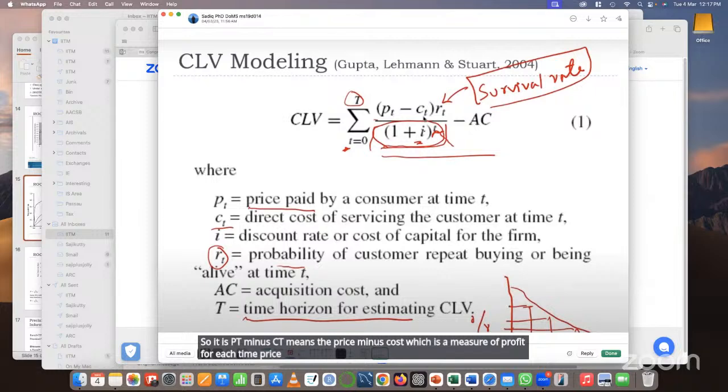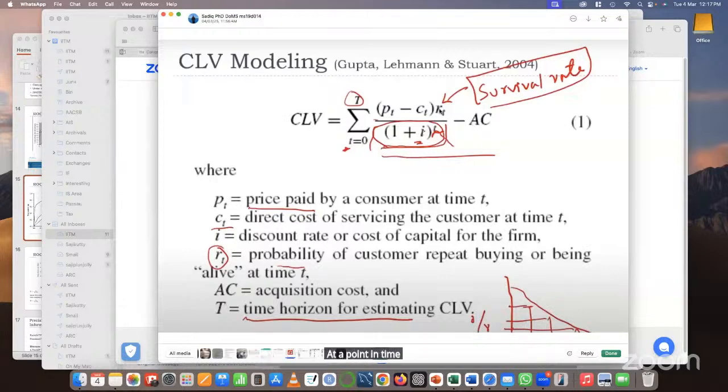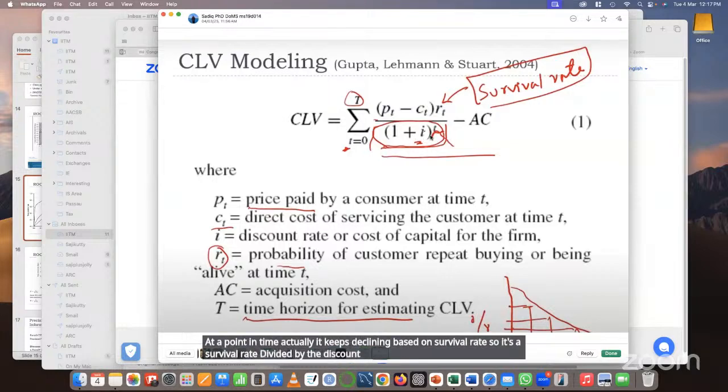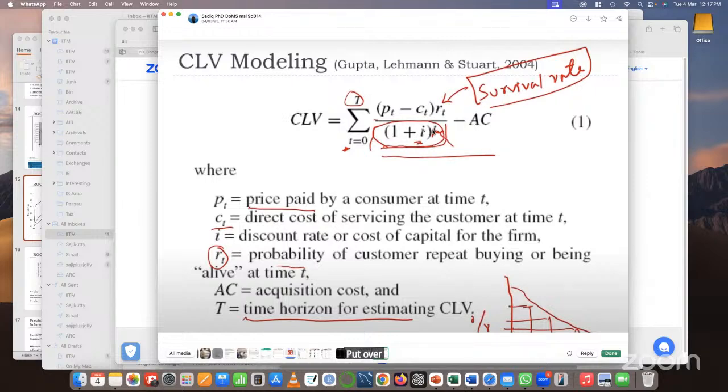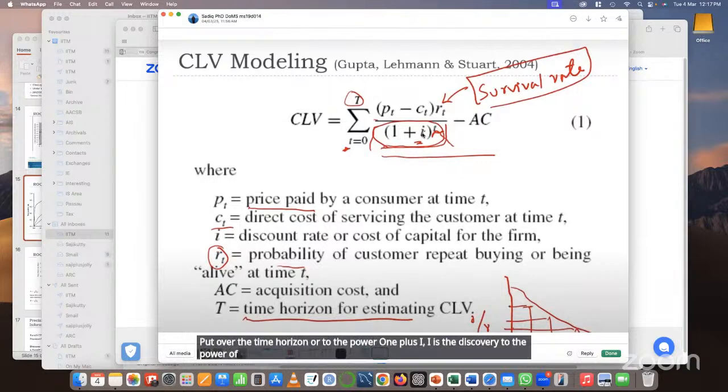multiplied by the survival rate, because the number of customers who joined either in a cohort or at a point in time keeps declining based on survival rate. So into survival rate, divided by the discount rate, which is (1 plus i) to the power of t, where i is the discount rate and t is the time, minus the total acquisition cost.